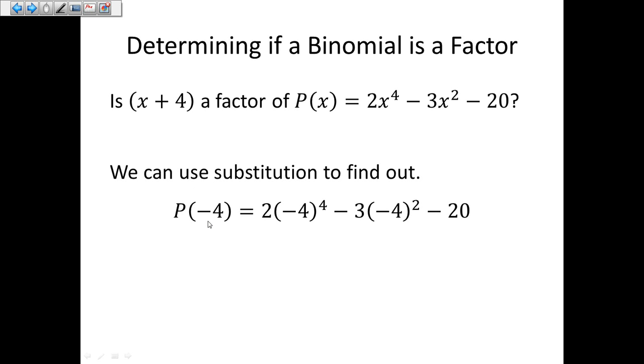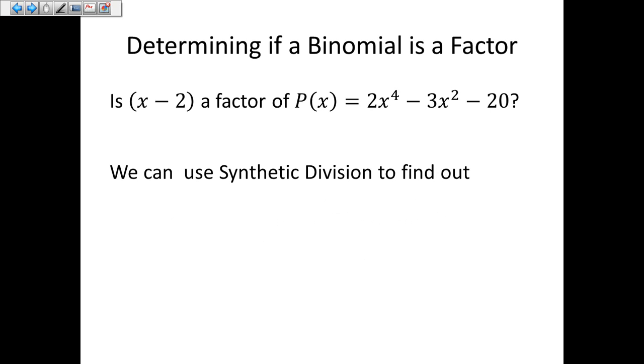So I'm going to find p of negative 4, which means that I just simply plug negative 4 wherever there was an x. In this case, I get 444, a long ways away from 0. So that tells me that x plus 4 is not a factor of the polynomial. What about x minus 2? Is that a factor of the polynomial?